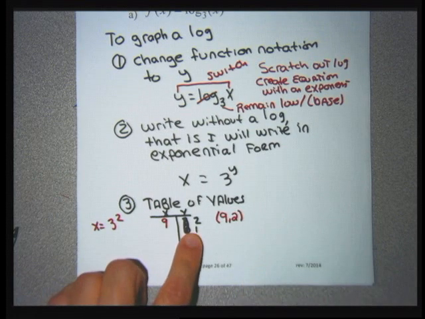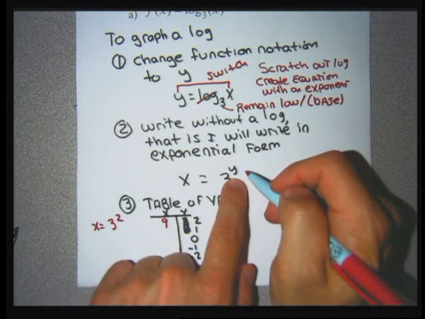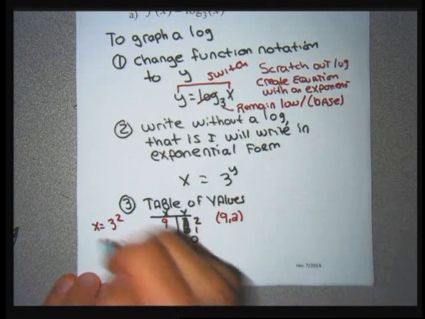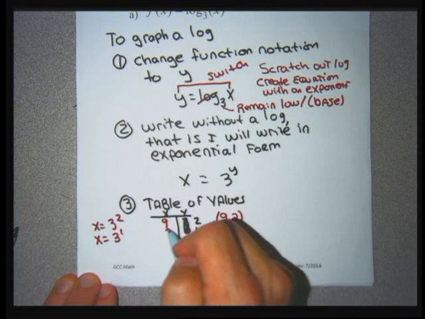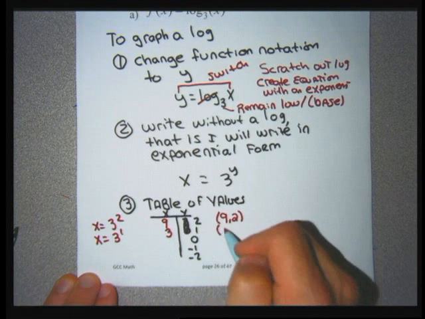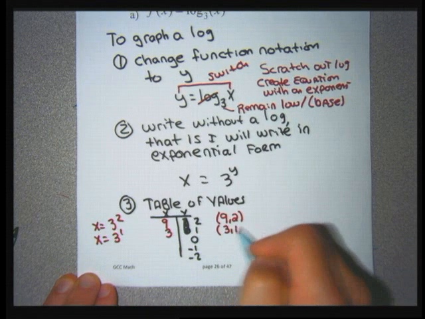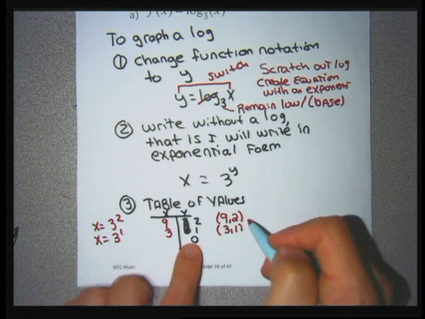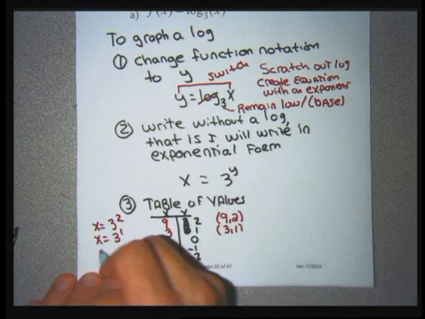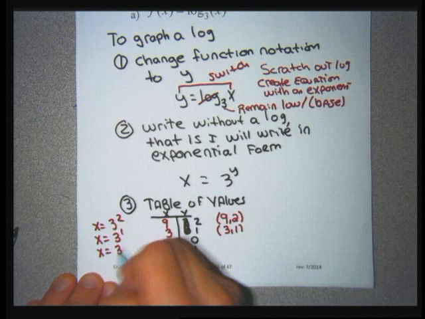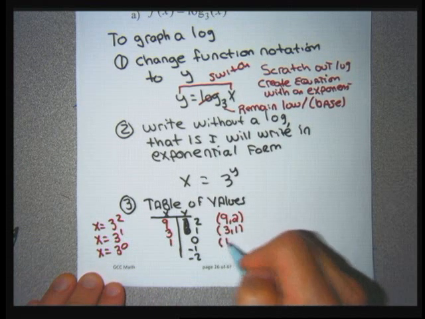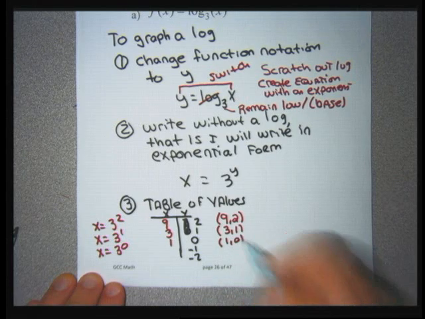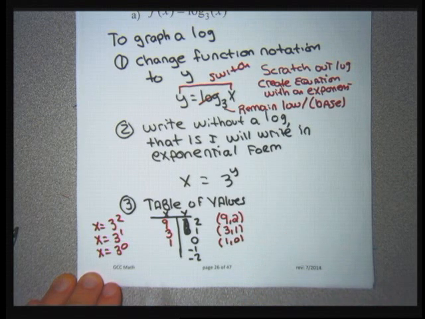For my second value of y, which is 1, I'm going to put a 1 in there, and I'll get x equals 3 to the first, and 3 to the first power is 3, and that's going to give me the point 3, 1. Then I'm going to plug in 0 for that y, and get x equals 3 to the 0, and anything to the 0 power is 1, so I'm going to say that x is 1, and that gives me the point 1, 0.